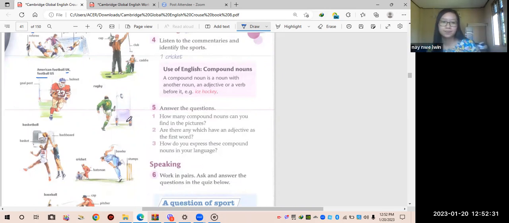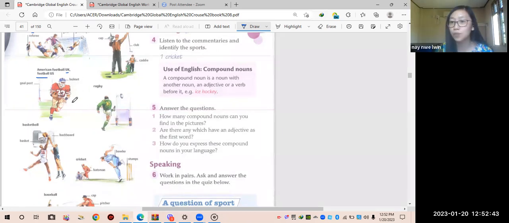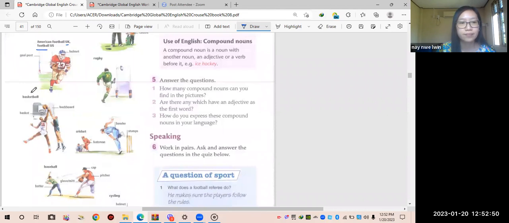And how about this one? Are you familiar with this one too? No? That is rugby. That is actually another football game, so we call that rugby. And this one, I think you will be familiar with, right? Basketball.